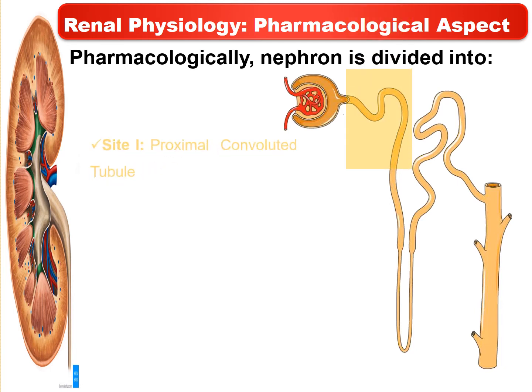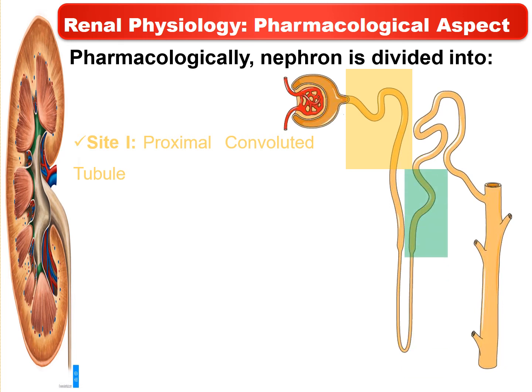This portion is called site 1, that is the proximal convoluted tubule, as we discussed earlier, but with the pharmacological aspect, it is considered as site 1 of the nephron.